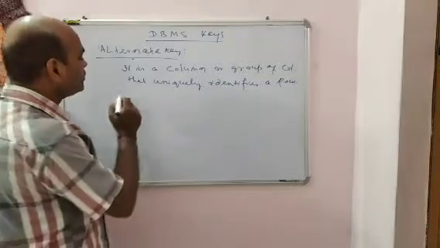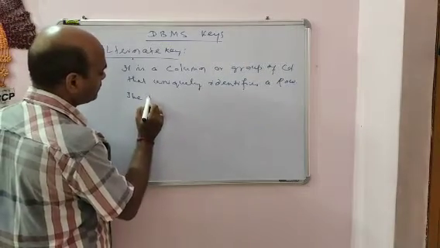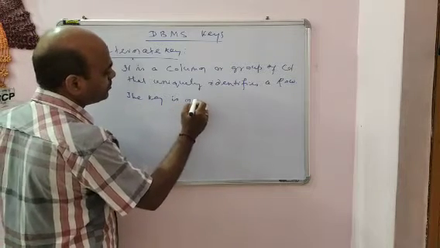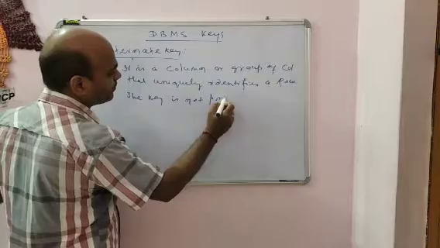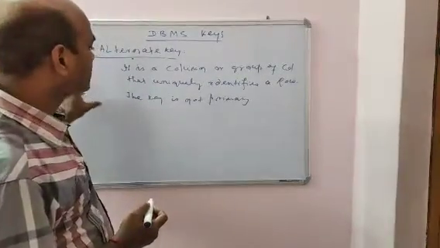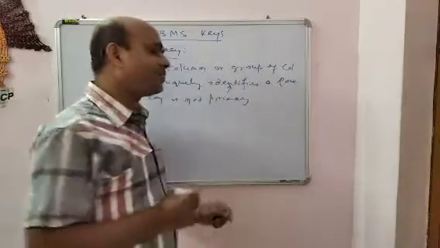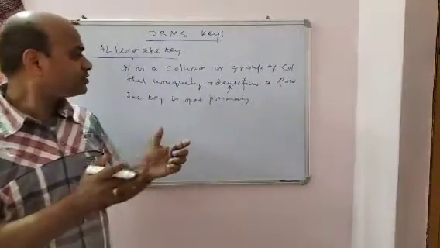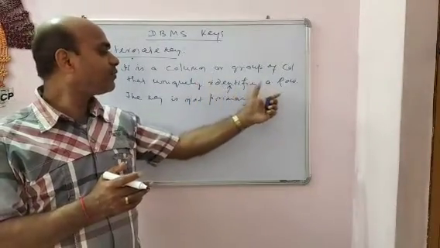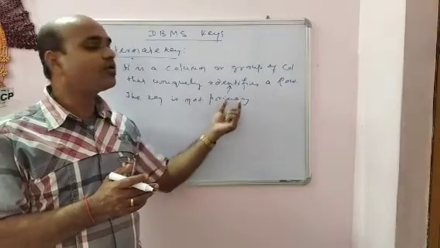The key which is not the primary key, though these keys uniquely identify a row, is the alternate key.